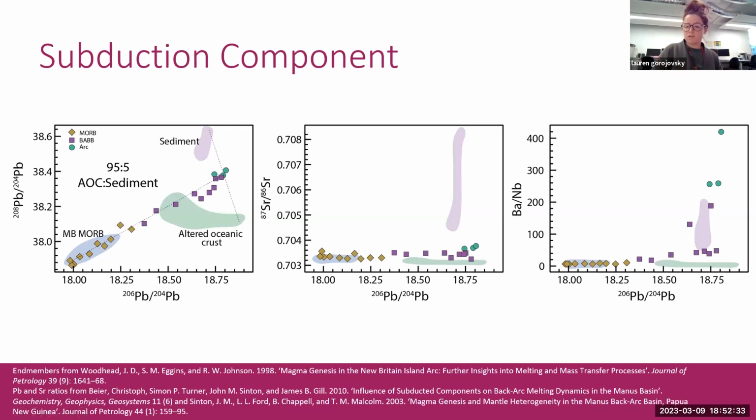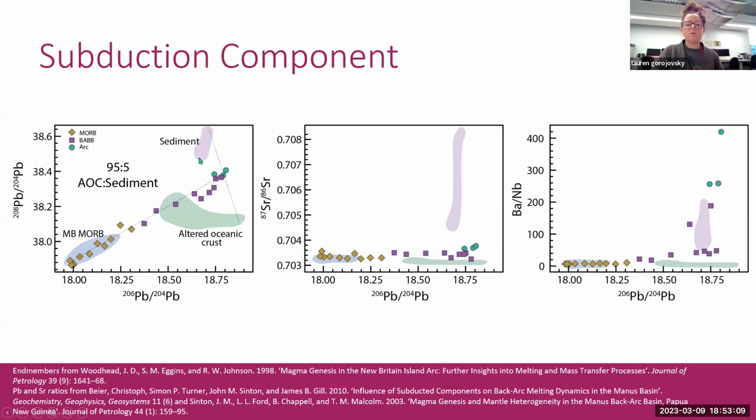Okay, so now moving on to understand a bit better the subduction component, because the published literature says you can get all these really sulfur-rich magmas by putting sulfur-rich materials into the mantle wedge. For the Manus Basin, we have published values from a 1998 paper by Woodhead, which are these blobby fields I've plotted, representing the Solomon sediments, altered oceanic crust, and the Manus Basin MORB end members.